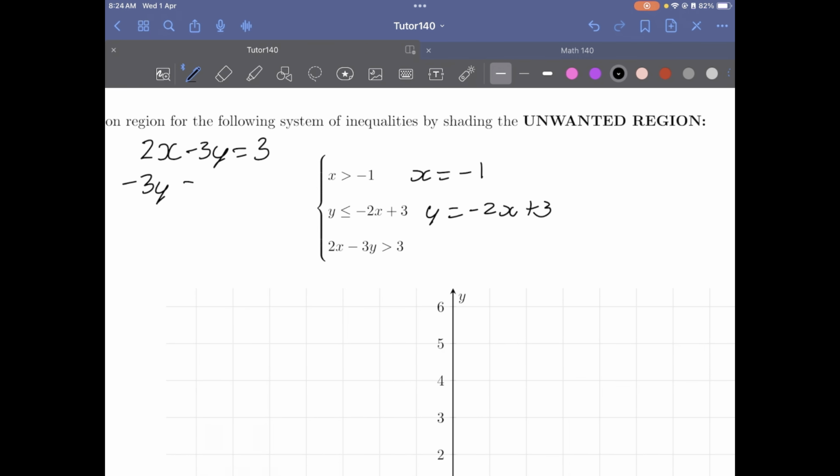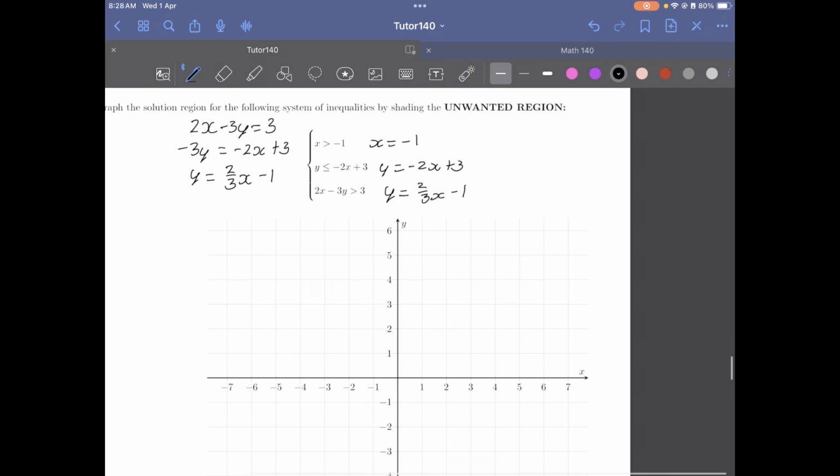So -3y is equal to -2x + 3. y is equal to positive 2/3, because negative divided by negative is a positive, x - 1. So 3 divided by -3 is -1. So that's what we plot in: y is equal to 2/3 x - 1.